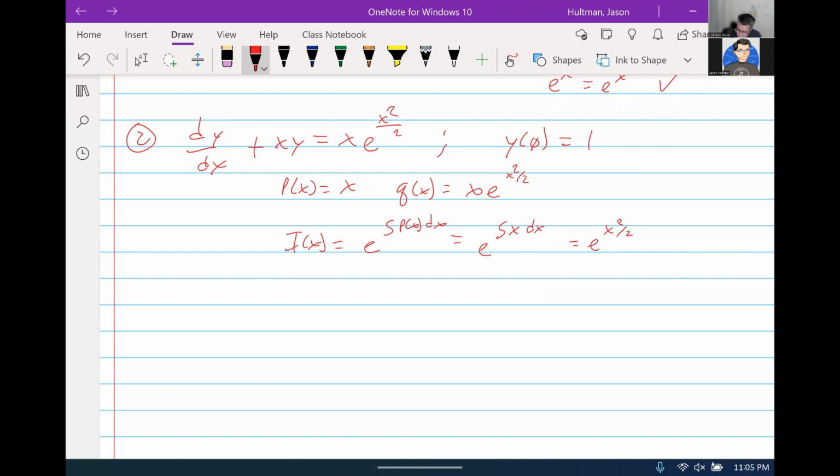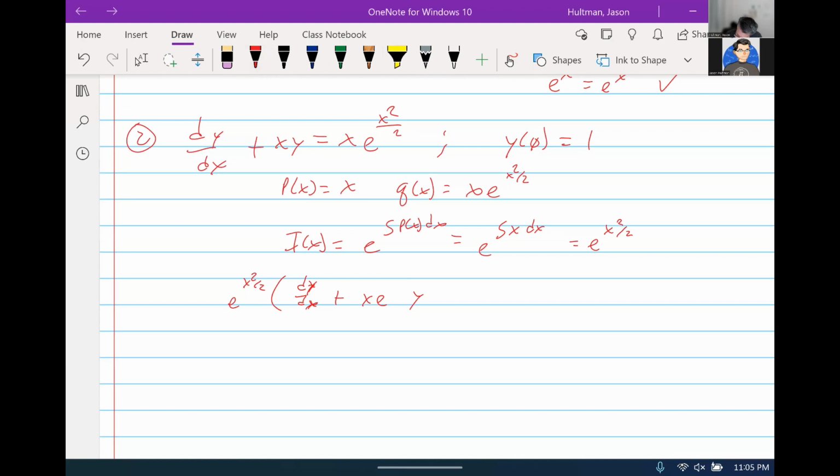Okay, so that's interesting. So what are we going to do? We're going to multiply everything through by e to the x squared over 2 dy dx plus x e to the x squared over 2 y. Okay, good.